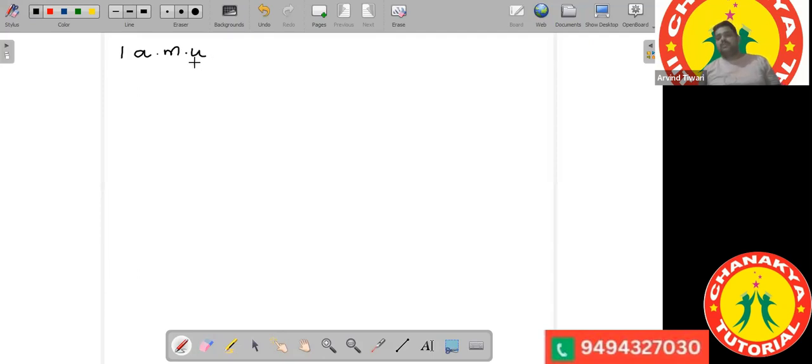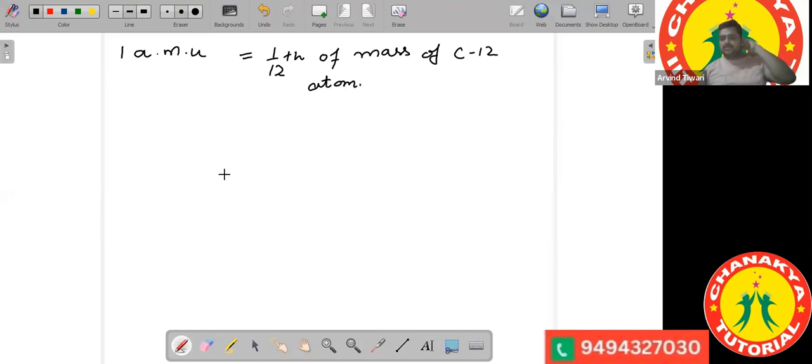So 1 unit or 1 atomic mass unit is equal to 1/12 of the mass of carbon 12 atom. This is what we call 1 AMU or 1 atomic mass unit.